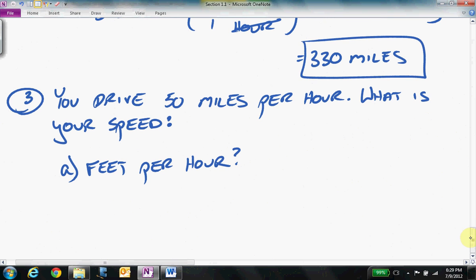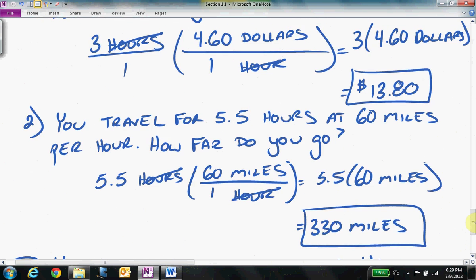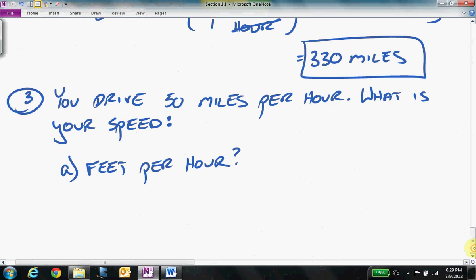So the kink here is we're no longer worried about miles. Before, the hours canceled. Now, well, we are not necessarily worried about miles, we're worried about speed. So we got to set it up slightly differently.